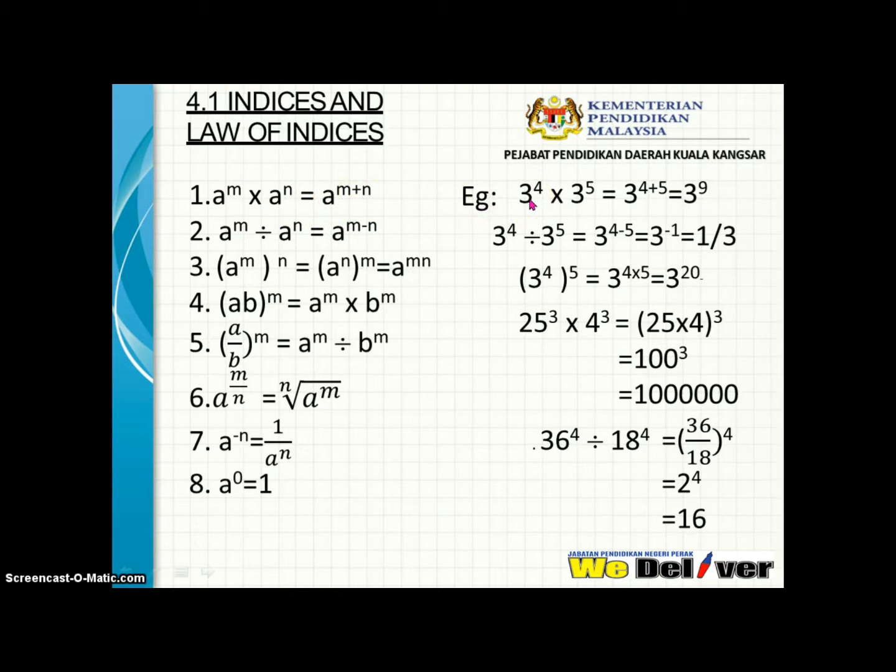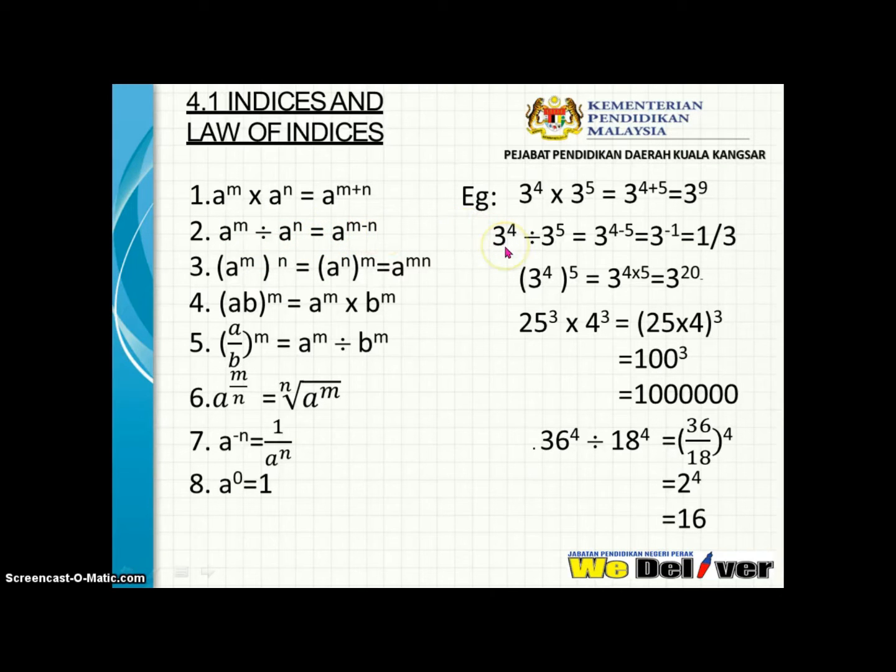Look at the example. 3 to the power of 4 times 3 to the power of 5 equals 3 to the power of 4 plus 5, equals 3 to the power of 9. The second one, a to the power of m divided by a to the power of n equals a to the power of m minus n.